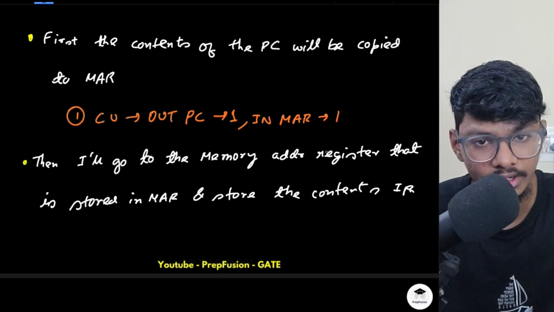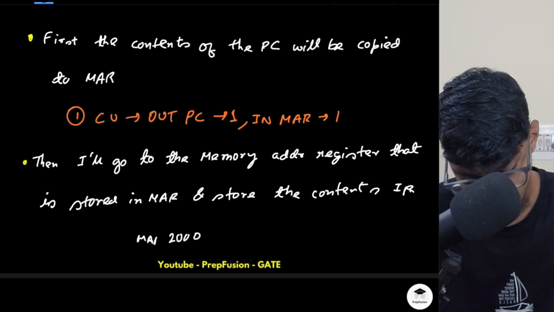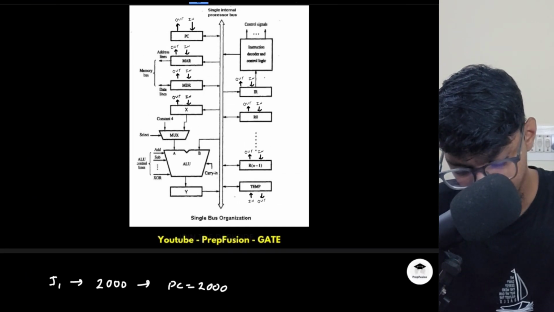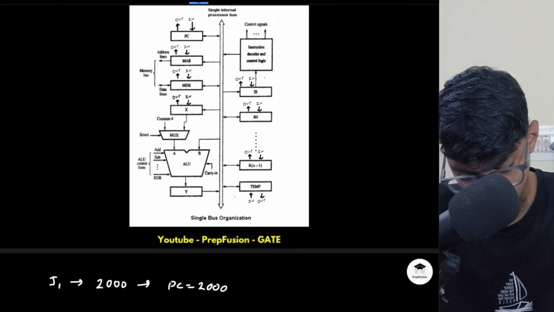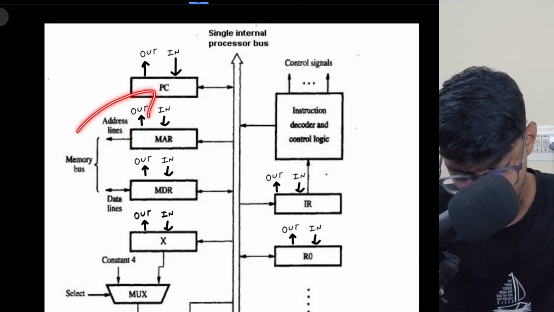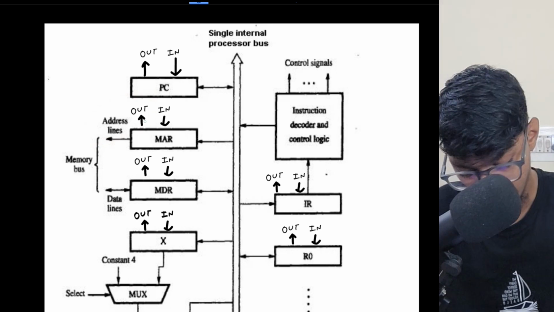Somewhere in memory it will be stored, right? Like 2000. MAR has 2000 now. So the control signal will make the MAR out.